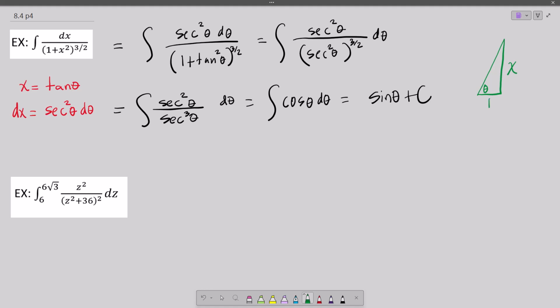Tangent is opposite over adjacent. So if we do opposite as x and adjacent as 1, x over 1. But now we have to find the hypotenuse. And that hypotenuse is going to be square root of x squared plus 1.